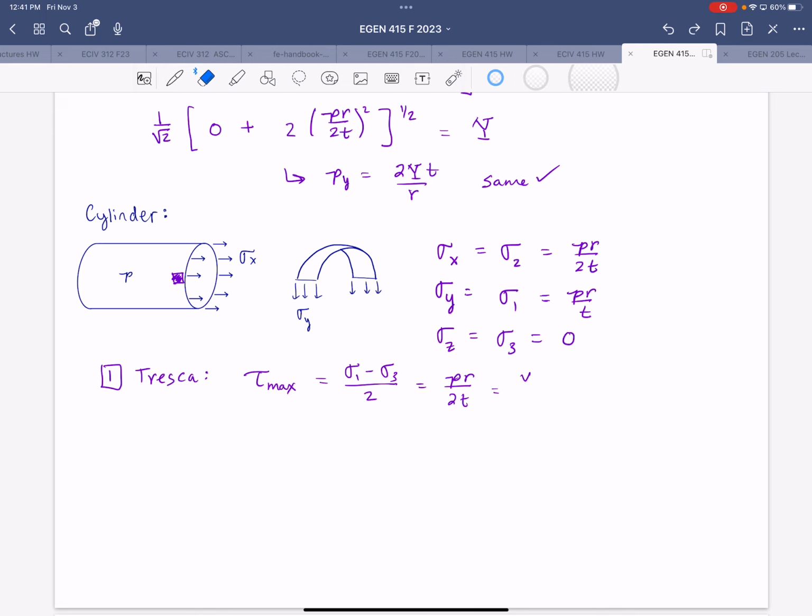And we set that equal to Y over 2. So the pressure to cause yield would then be Y times T over R.